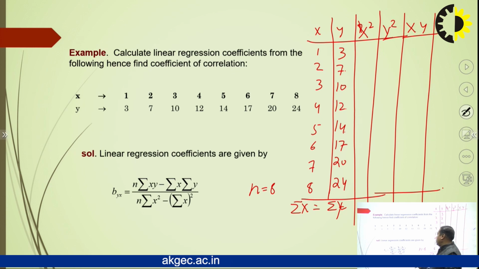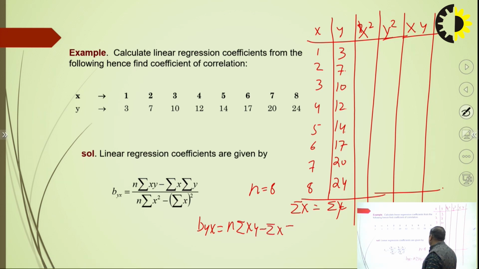Now the regression coefficient byx is given by n summation xy minus summation x summation y upon n summation x square minus summation x whole square.